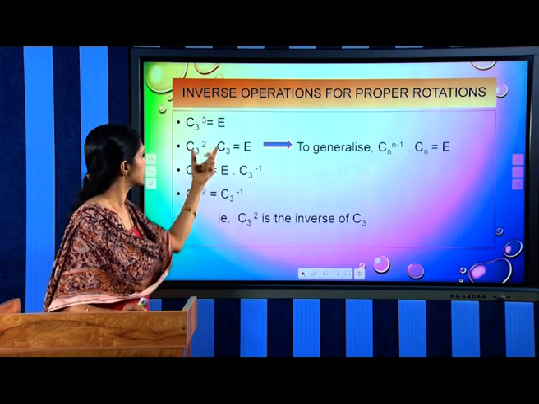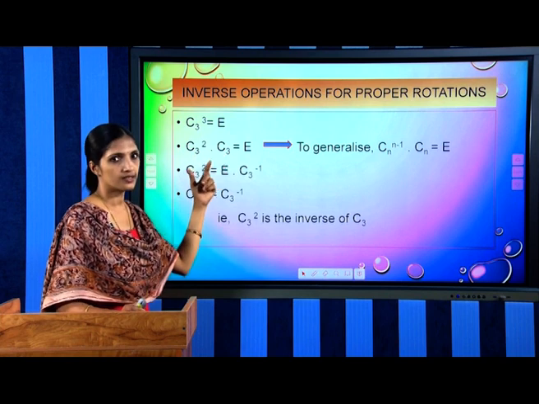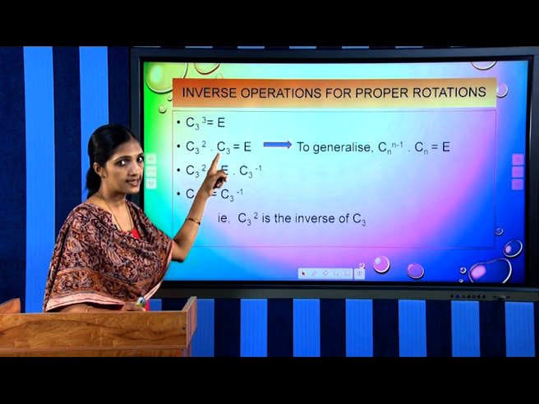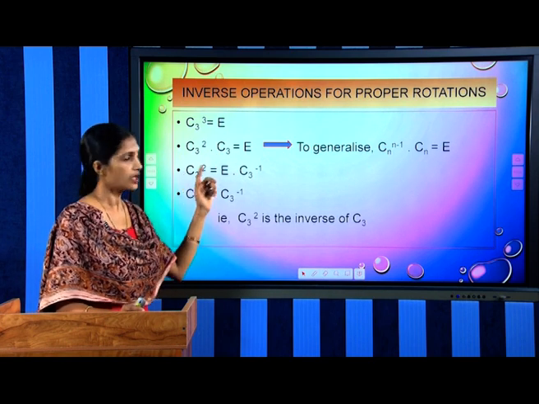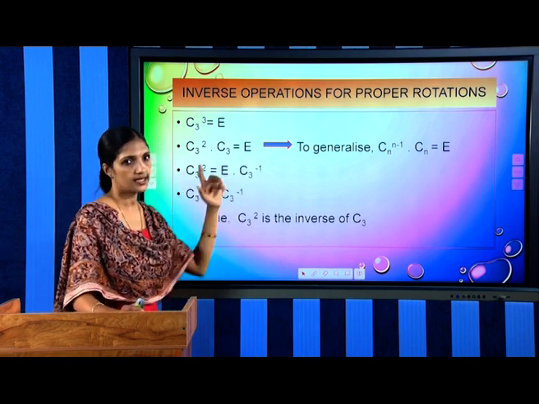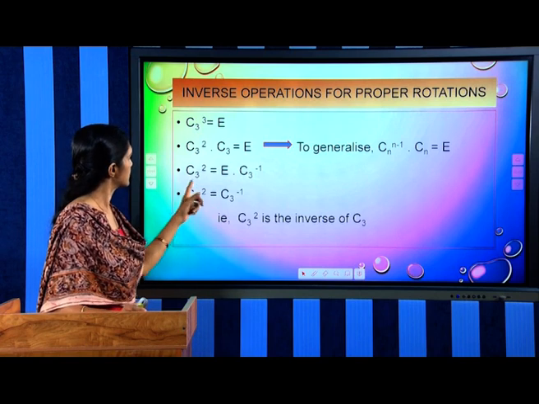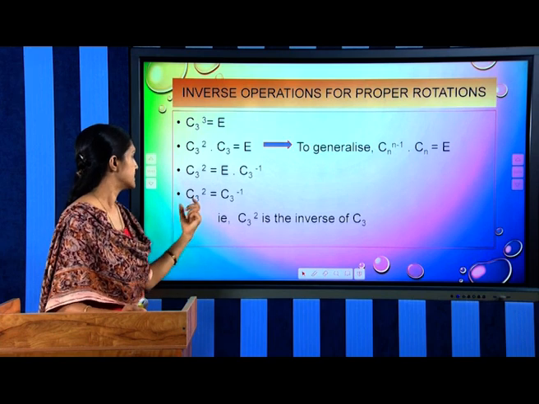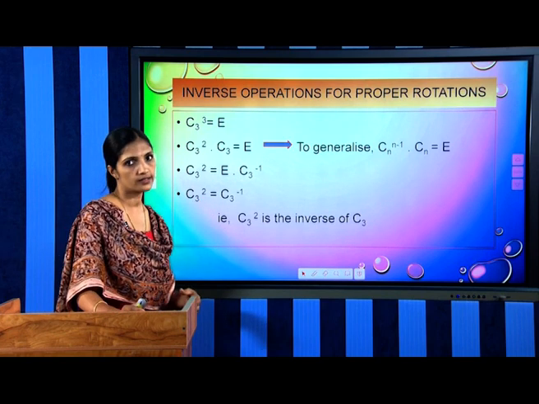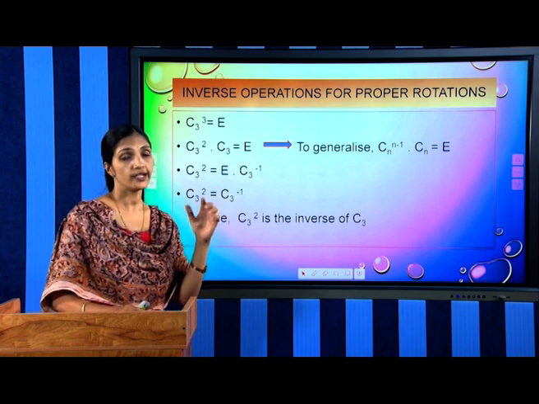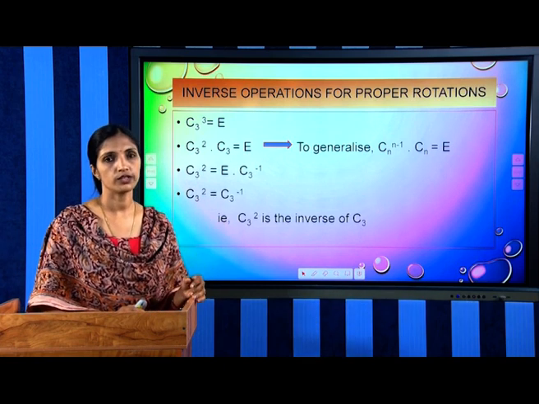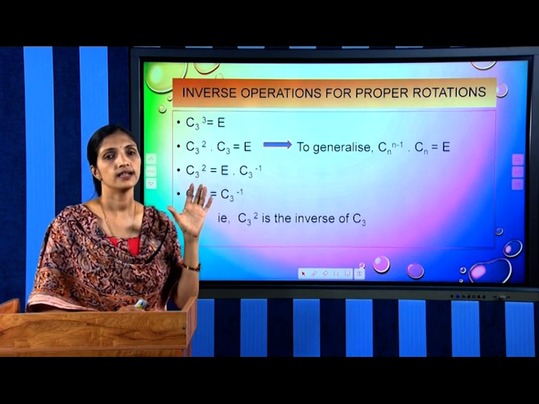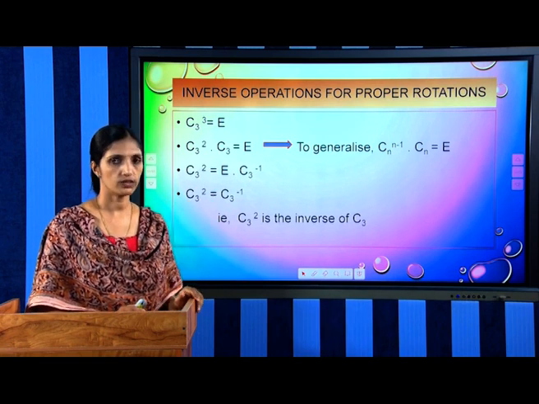We can split this to C3 square into C3, that means 240 degree rotation and after that 120 degree. So that will result in E, or we can say C3 square is equal to E into C3 inverse, or we can say C3 square is equal to C3 inverse. Okay, if a 240 degree rotation is done to the molecule, then 120 degree rotation cancels the effect of the 240 degree rotation.